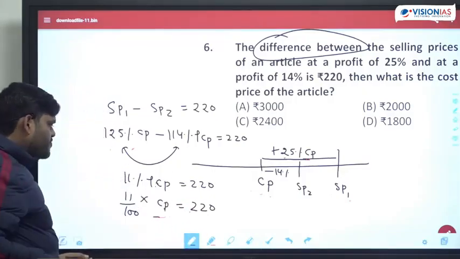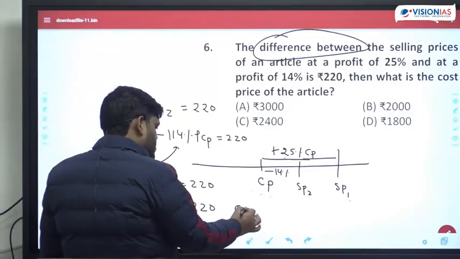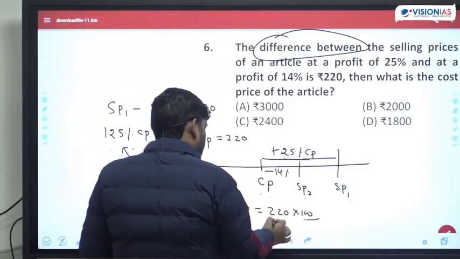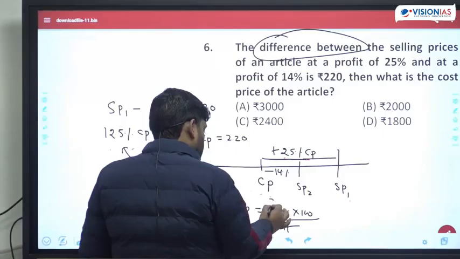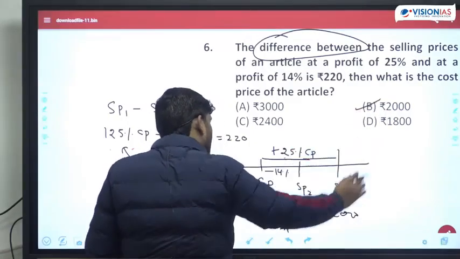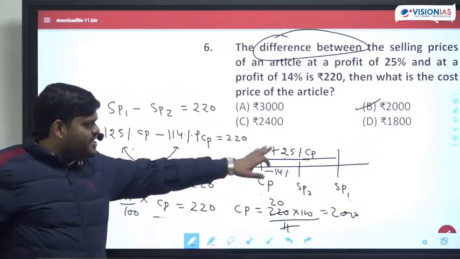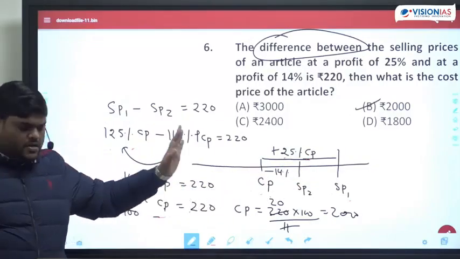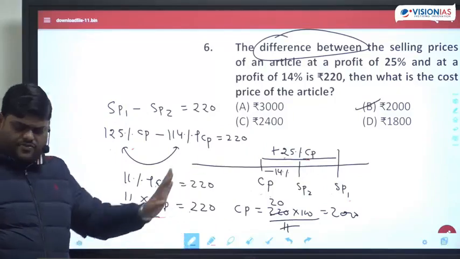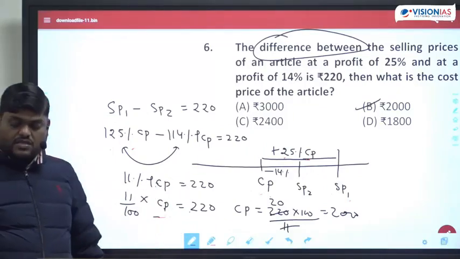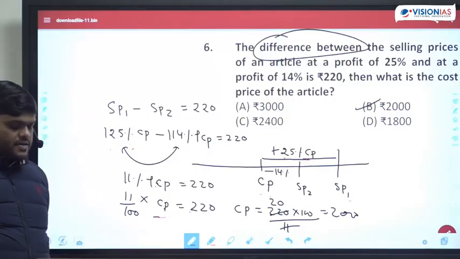So we can find the CP value. CP is equal to 220 into 100 upon 11. Directly also we can say that the difference of both is 11% of CP. That is also correct. We can solve it this way, but if you want the whole procedure, this is the way we can solve it.